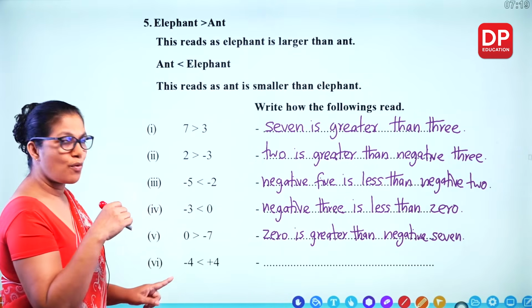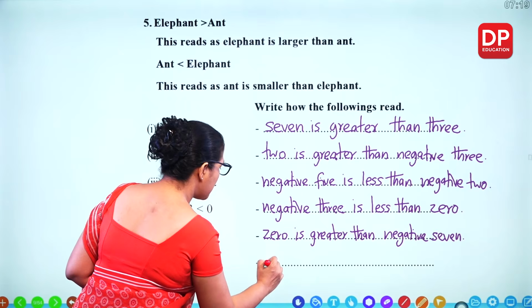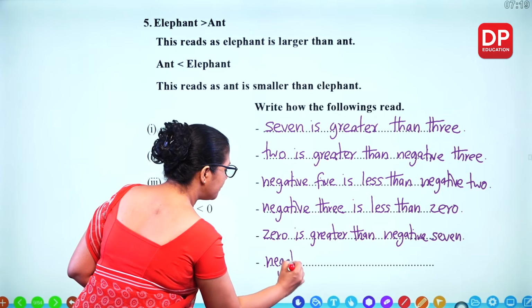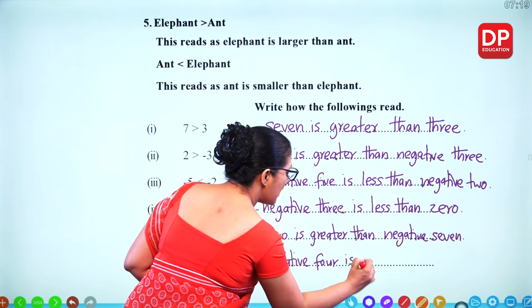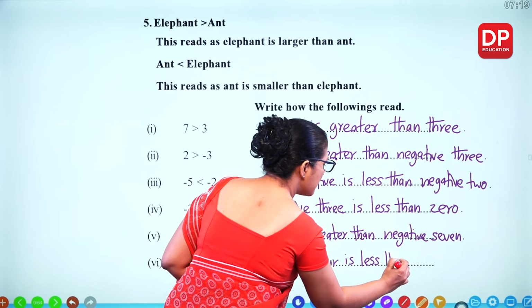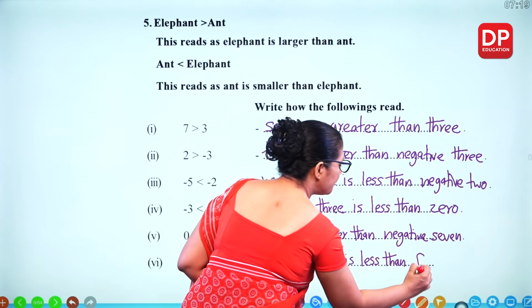Here minus 4 or negative 4 is less than 4.